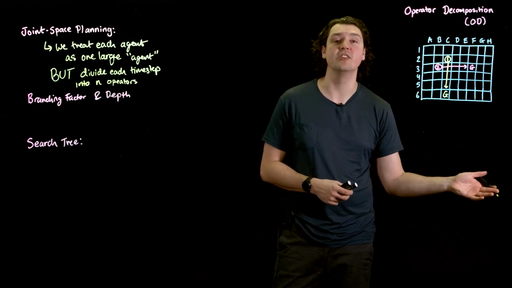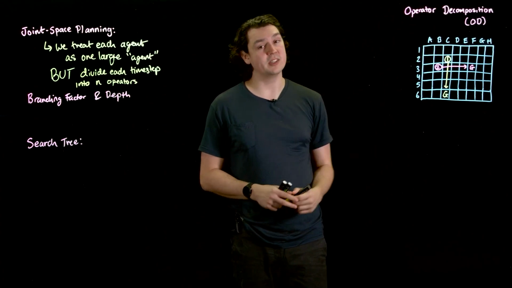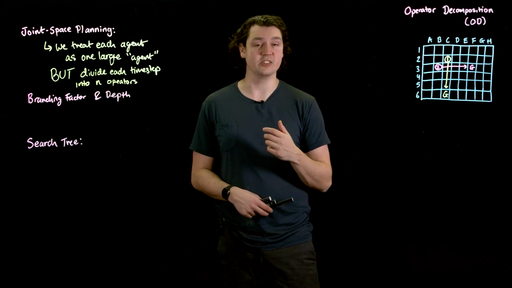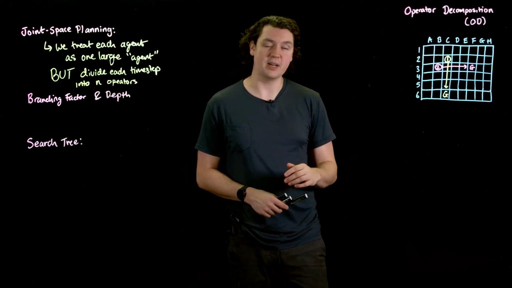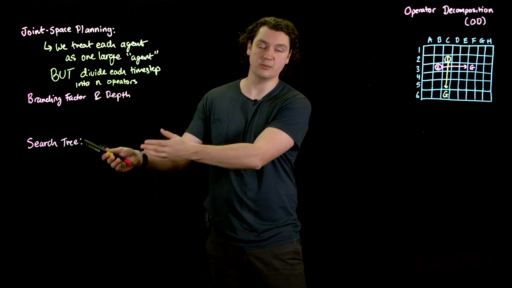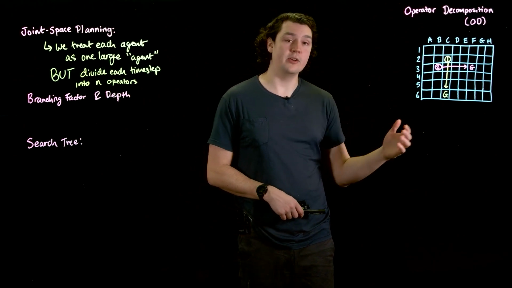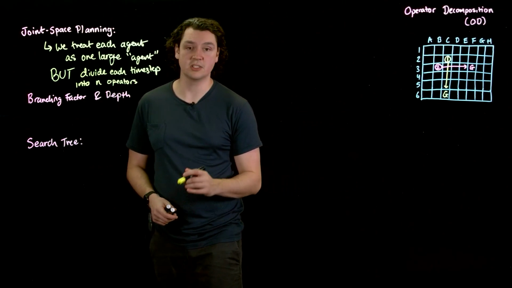So the idea of independence detection is really interesting, but what's really exciting is OD plus ID is actually a surprisingly performant algorithm. Operator decomposition by itself is similar to Centralized A star. We're going to show it has the same size search tree, but when you pair it with independence detection, we can get really exciting results.